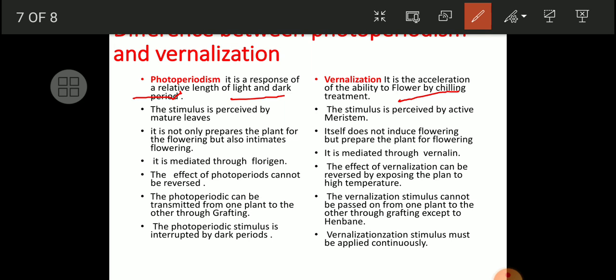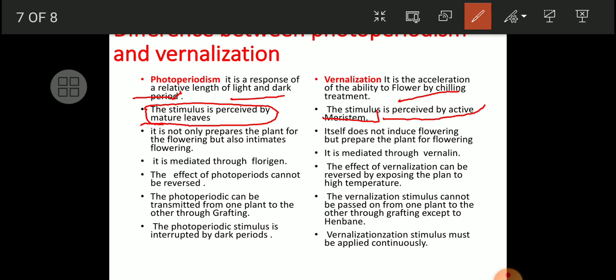In photoperiodism, the stimulus is perceived by mature leaves. As I have already said to you, florigen synthesis takes place in the mature leaves, and that is transported to the site where the flowering takes place. But in vernalization, the cold temperature stimulus is perceived by the active meristems, maybe the shoot apex, root apex, or the leaf.